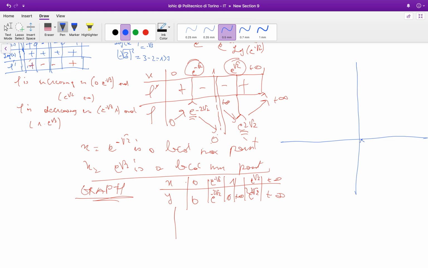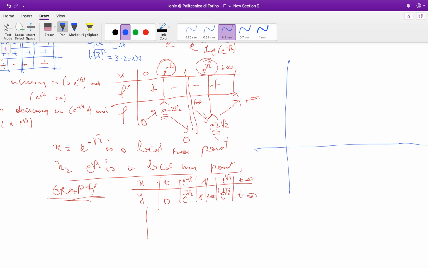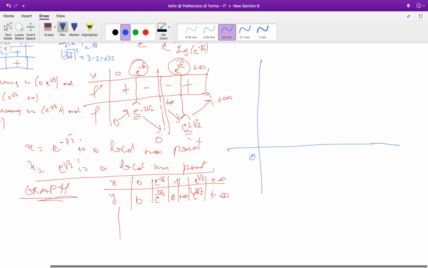Okay, no, let me cancel for the simple reason that the function has no negative part and no negative x, so I can even draw it like this, just the positive part, right? So this is 0, this is 1, let's say that this is exponential of minus root 2, this is exponential of root 2, and so on.